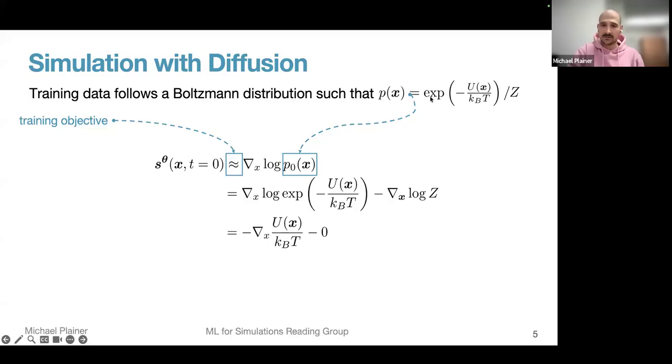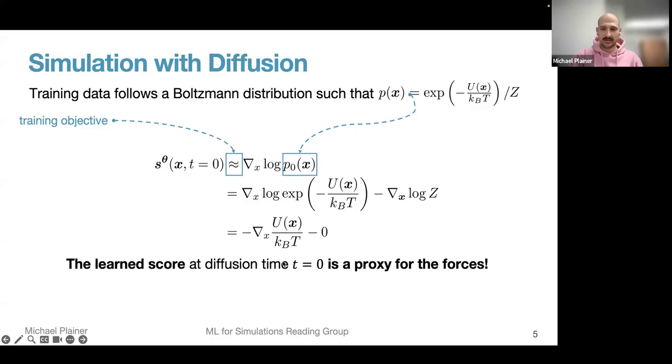So here, just using the Boltzmann distribution, this log and the exp cancels. The gradient here of a constant vanishes, and all that remains is the negative gradient of our potential and some temperature-dependent term. And this reveals a very interesting property. So this means the score at time t0 is actually the forces that act on molecular systems.